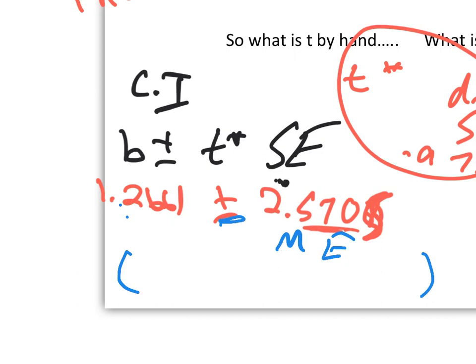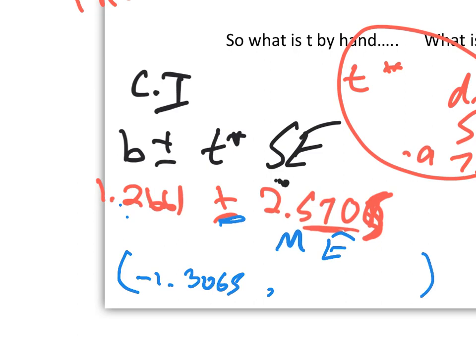The left side or right side? Right side? Negative 1.3. Wait, that's the left side. That's negative 1 point, because you did this minus, right? That's the left side. And the other one? But negative 1 what? 3065. 3065.